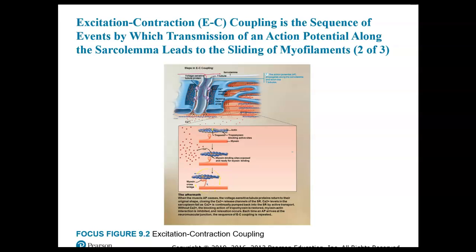And that will be the contraction part. So the excitation part is the action potential leading to the release of calcium ions, and then the contraction part starts with the release of the calcium ions and ends with the actin filaments coming together, shortening and producing a contraction.